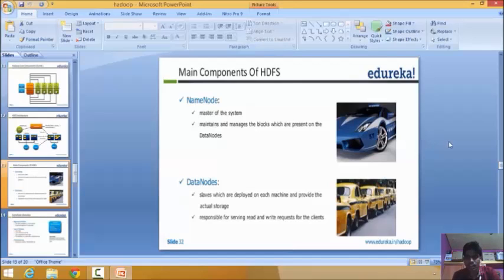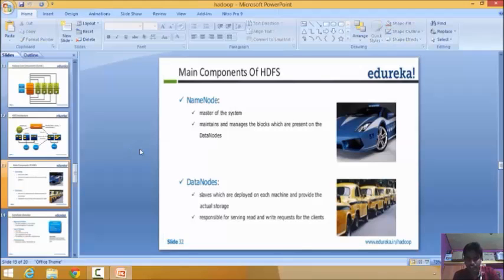This car is composed of very high features, whereas this one has fewer features. In the same way, our name node should be of high reliability. It should be of high quality, since it is a single point of failure, so that it does not get destroyed. So it should be maintained at high quality.